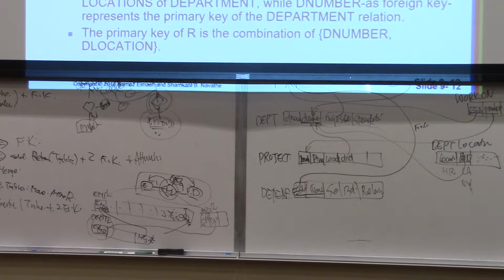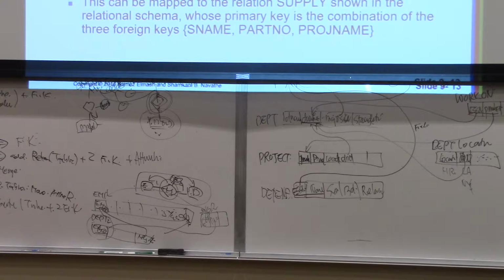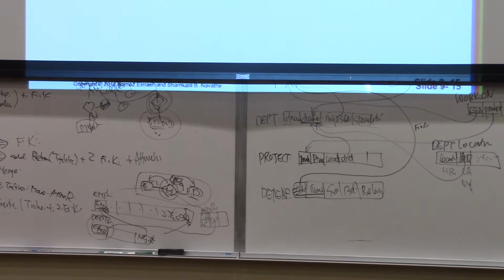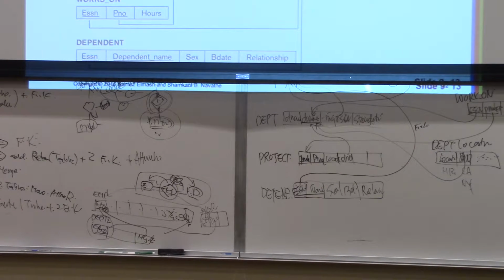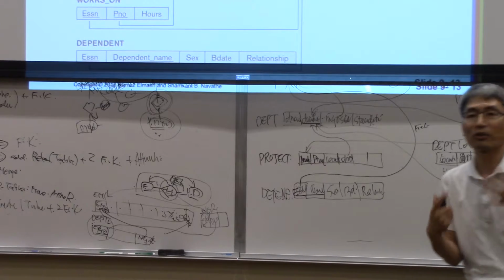Then the multi-value attribute, DPT location. Then we will see this one later. So this is our expected output. Compare this one and this one, and get the idea of how to convert.